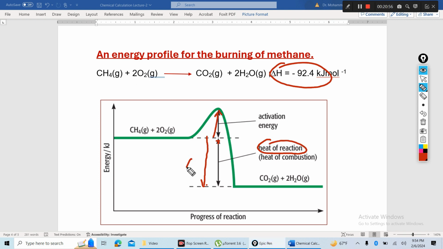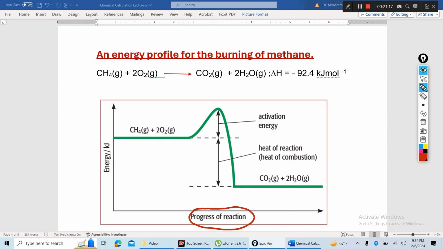I mean this is the delta H, and its value will be minus 92.4 kilojoule per mole. Y-axis enthalpy or energy, unit kilojoule, and x-axis progress of reaction, or you can write reaction path or course of reaction.